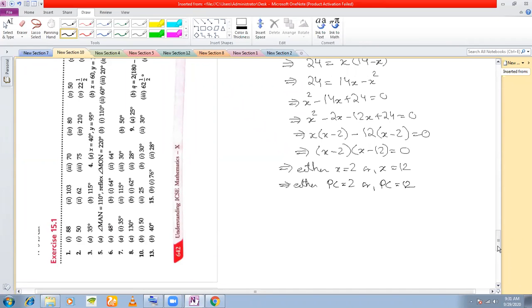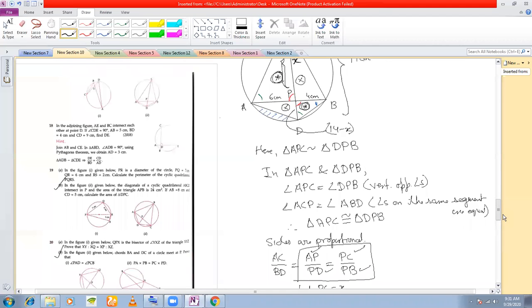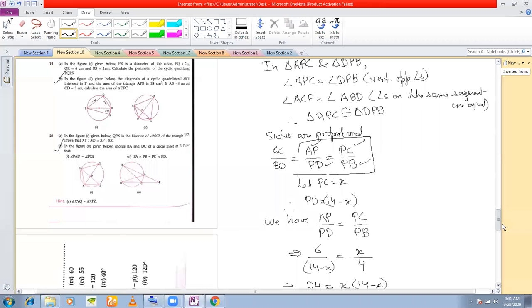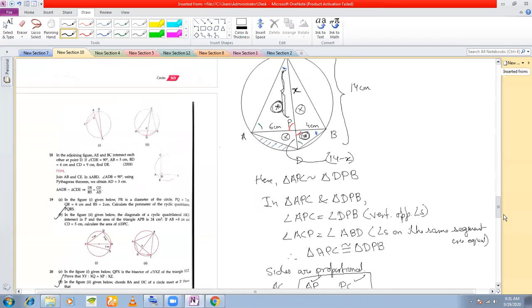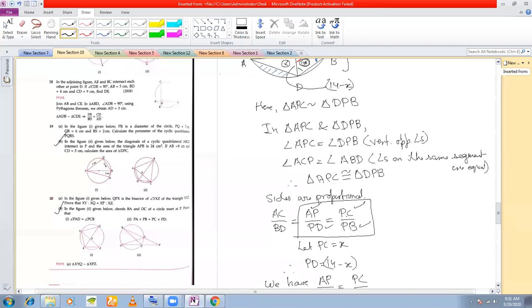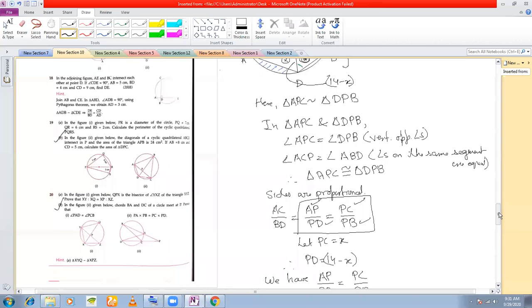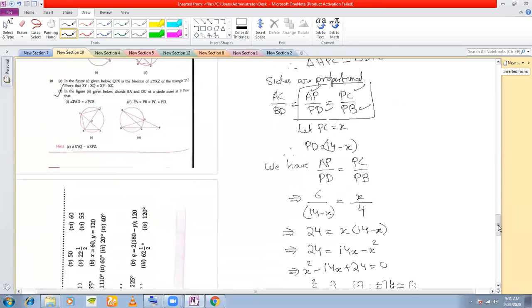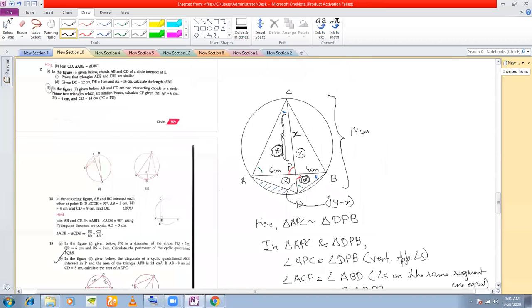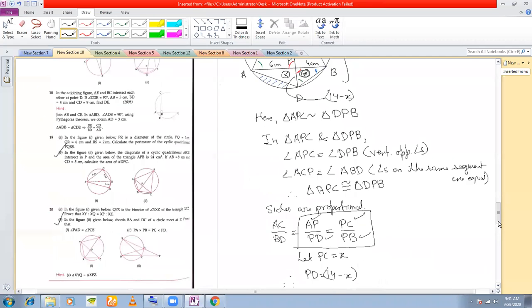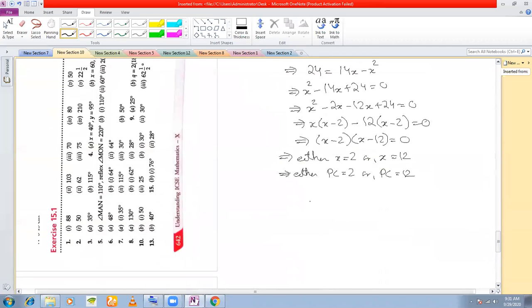Now see that there is a next condition given in this problem. Yes, it is given here, PC greater than PD. So what have I got for the length of PC? 2 and 12. So when PC is equal to 2, what is the length of PD?